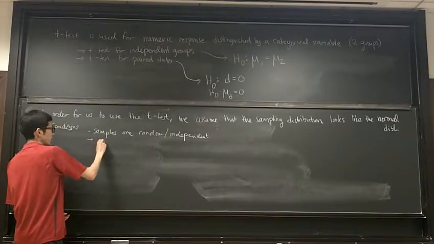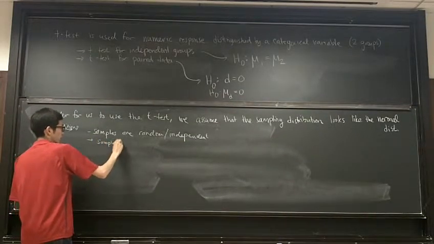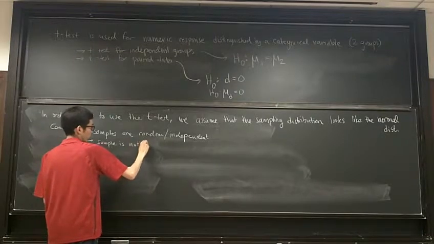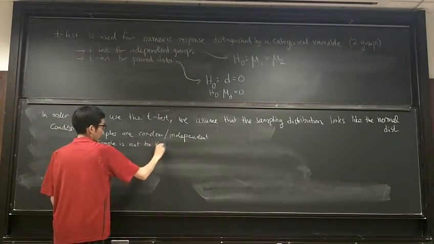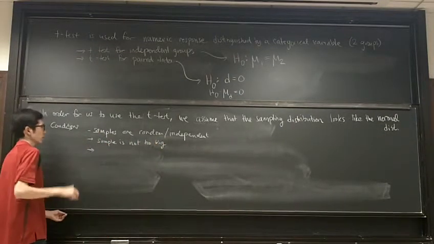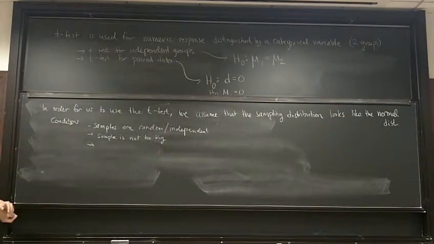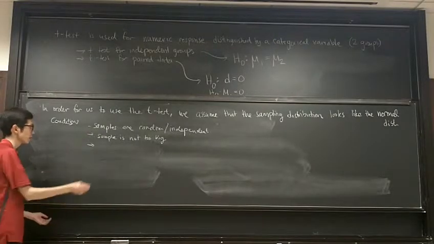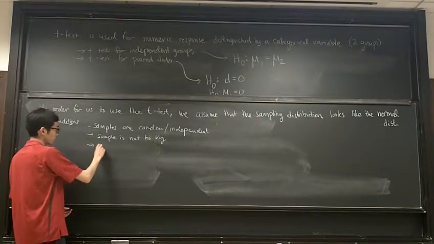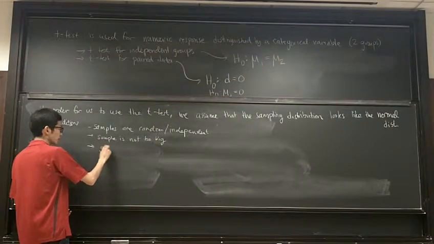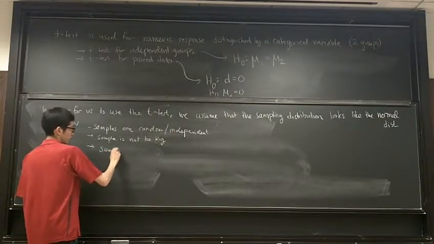Basically, our sample is not too big. The one that is probably most commonly violated is that the samples are not random and independent. But another one that's frequently violated is that the sample needs to be large enough.